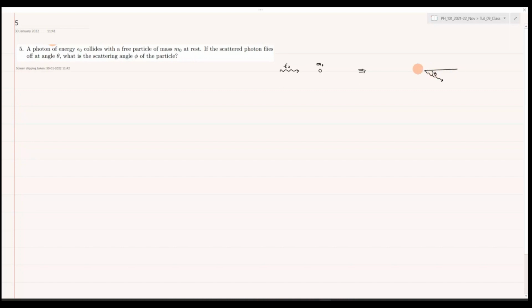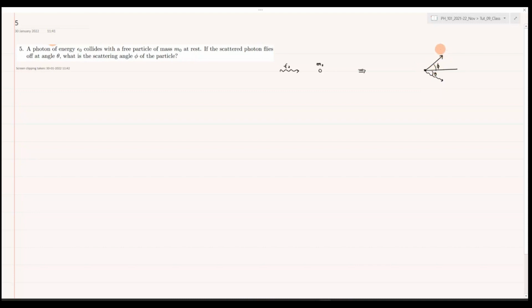Because the photon makes angle theta, the particle will also move. It cannot move in this direction, because momentum will not be conserved in the y direction. So the particle should move along this direction so that the momentum remains conserved.